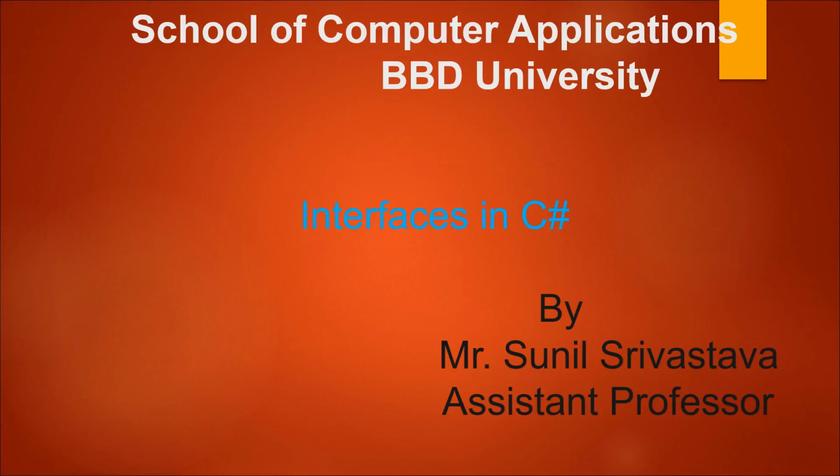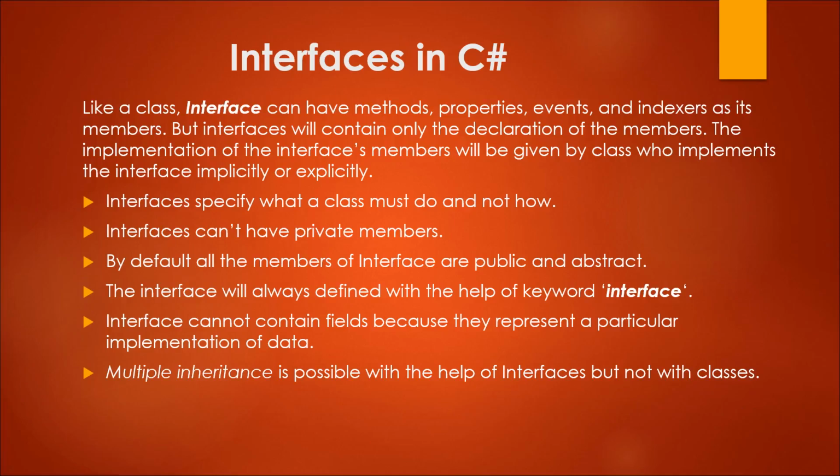In today's class, we are going to discuss a very important topic of .NET, that is interfaces in C Sharp. So, first of all, let's try to understand what is an interface. Interface is a type actually which can contain methods, properties, events, and indexers as its members.